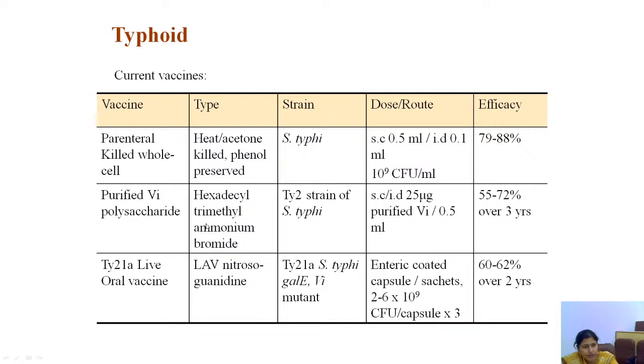So these are the different ones, and this is the attenuated one, Ty21a. In S. typhi, the galE gene has been deleted and it is a Vi mutant.